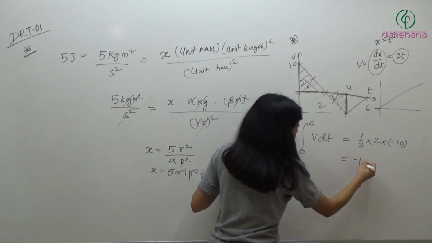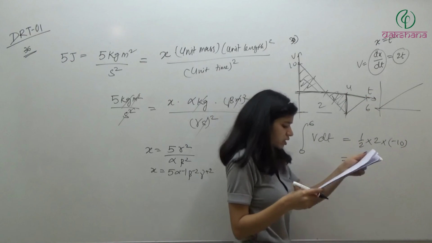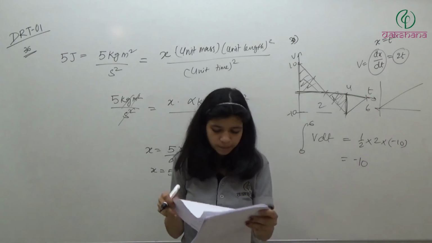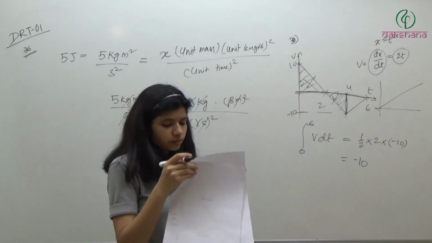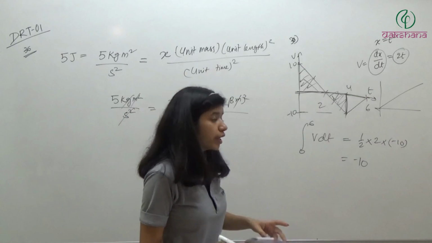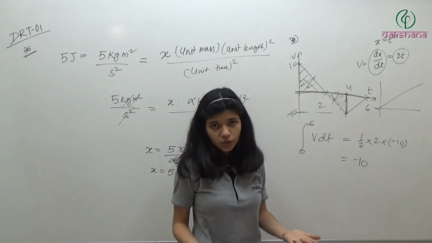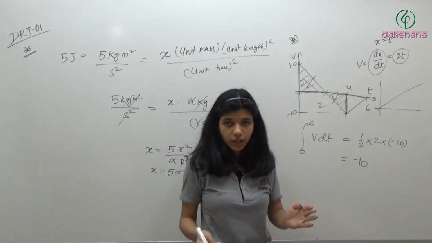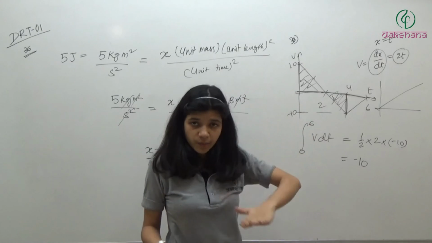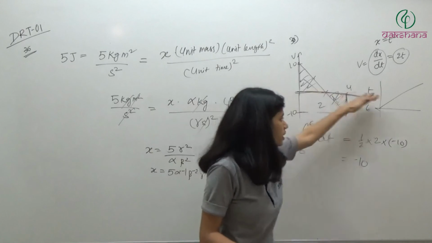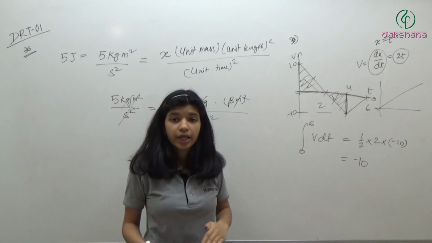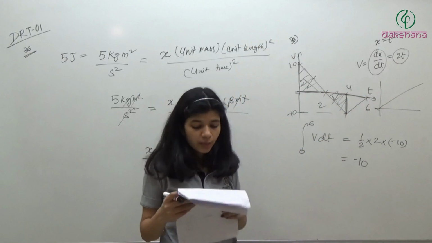It will be equal to minus 10. The value will be minus 10, which is given in the second option. When you are calculating just area, it is a positive quantity. When you are calculating integration, the area which is below the axis will be negative and above it will be positive.